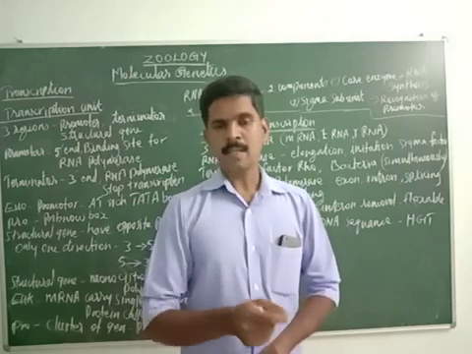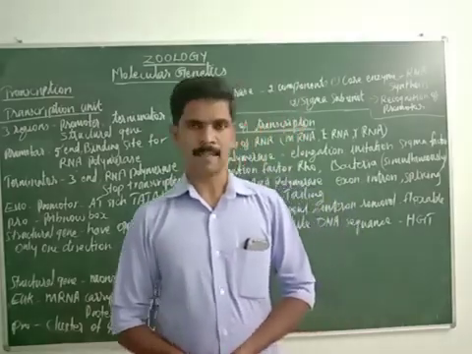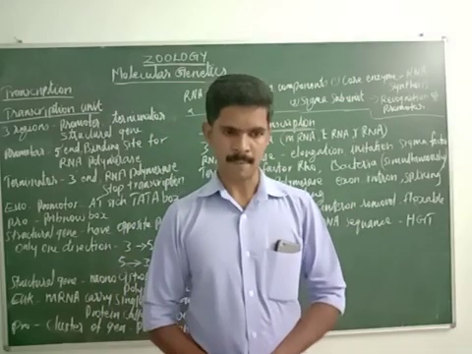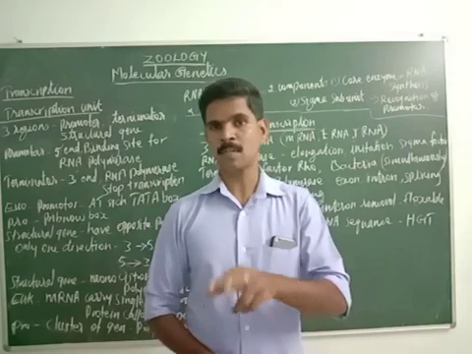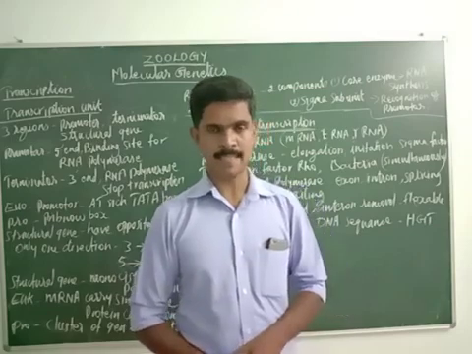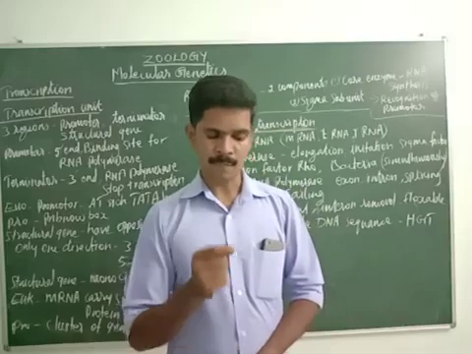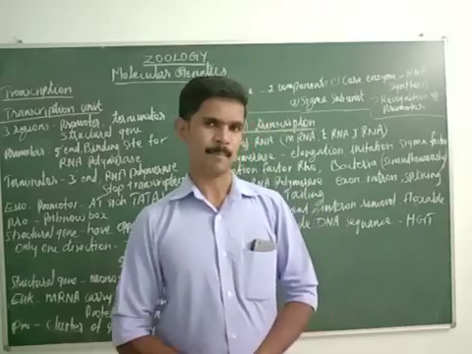The introns are removed by a process. The name of this process is called splicing. Then in HnRNA, two more additional processes take place. The first process is called capping and the second process is called tailing.